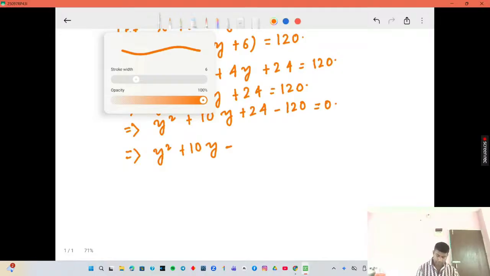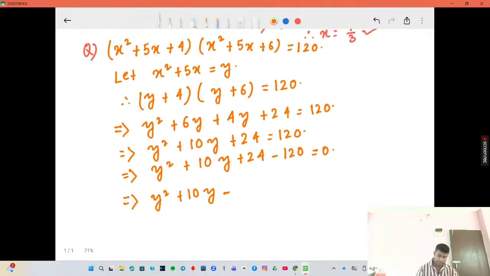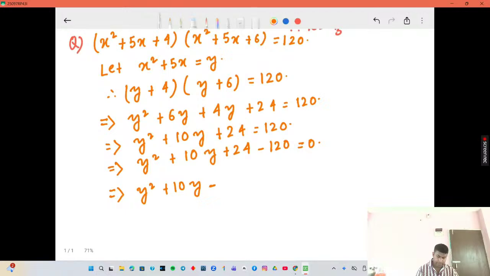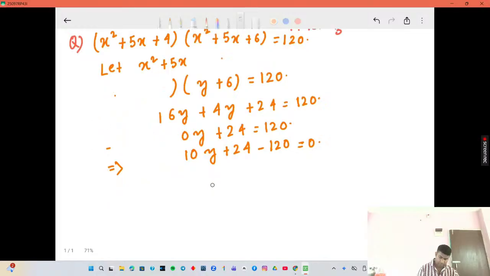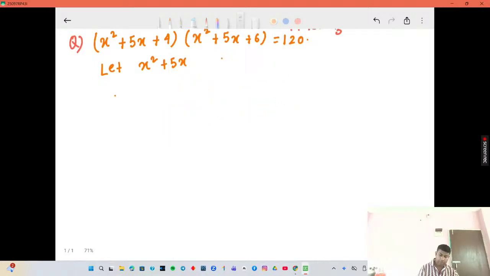So we can do this another way. See here, I have taken x square plus 5x is equal to y. Now here I will go for the easy solution, a very easy solution.